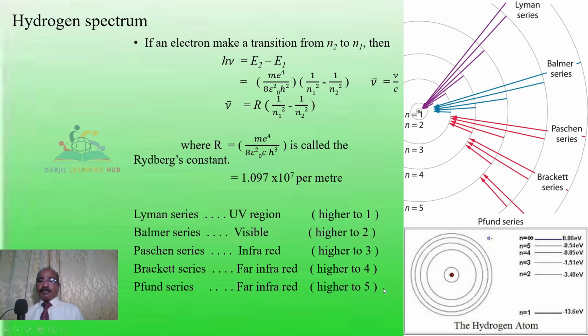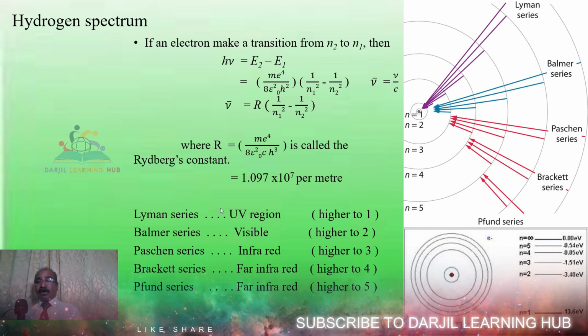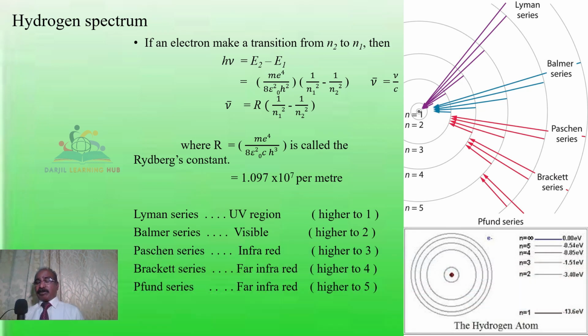Jumps from higher orbits such as 6, 7, 8 to the fifth orbit are called the Pfund series. It will be in the far infrared region. Therefore, in a hydrogen atom, if an electron jumps from higher orbits to the first orbit, it is the Lyman series. Higher orbits to the second orbit, it is the Balmer series. Higher orbits to the third orbit, it is the Paschen series, and so on.